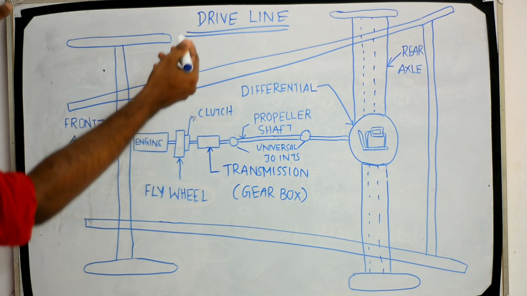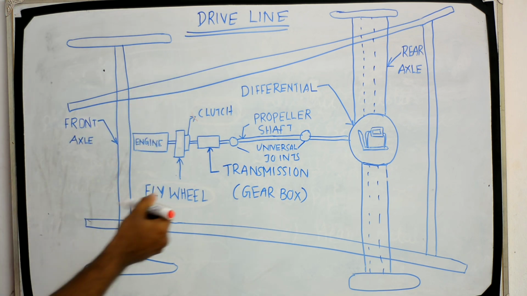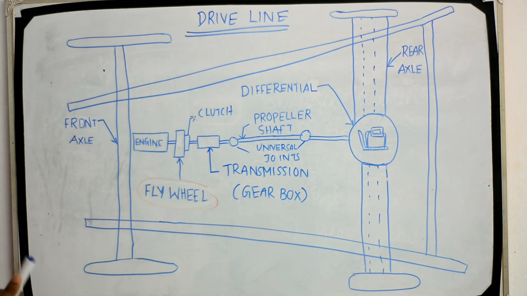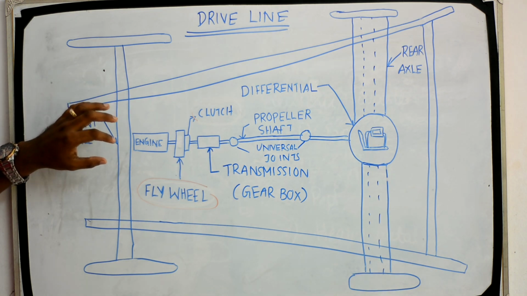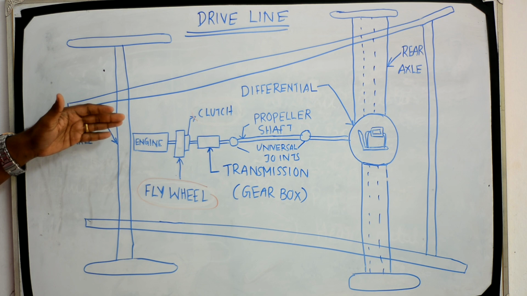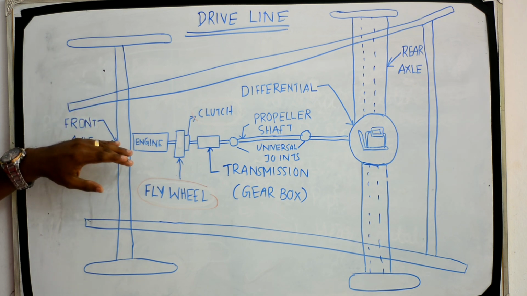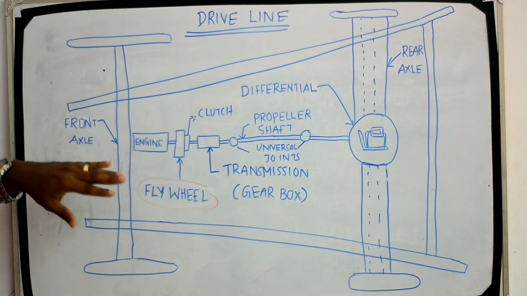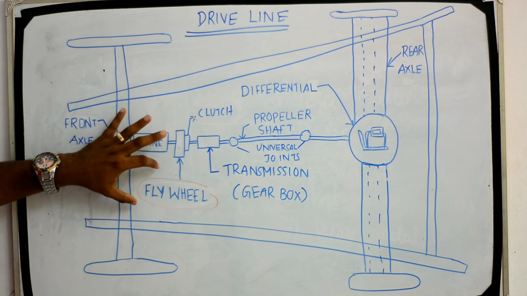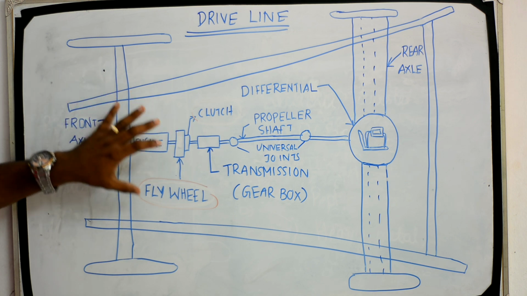So in the drive line, first we are going to discuss flywheel. What do you mean by flywheel? A flywheel serves as a reservoir which stores energy during the period when the supply of energy is more than the requirement and releases it during the period when the requirement is more than the supply. Flywheel reduces the fluctuation of speed.